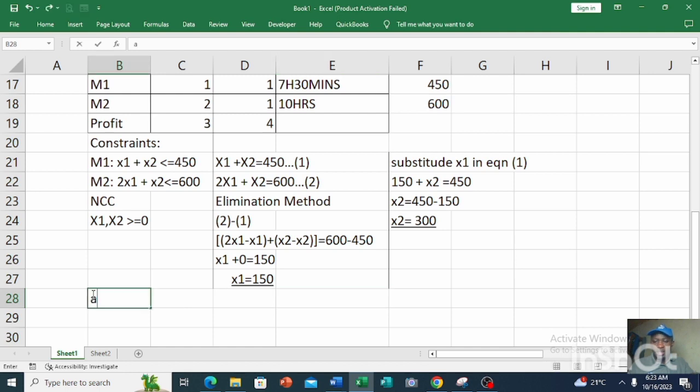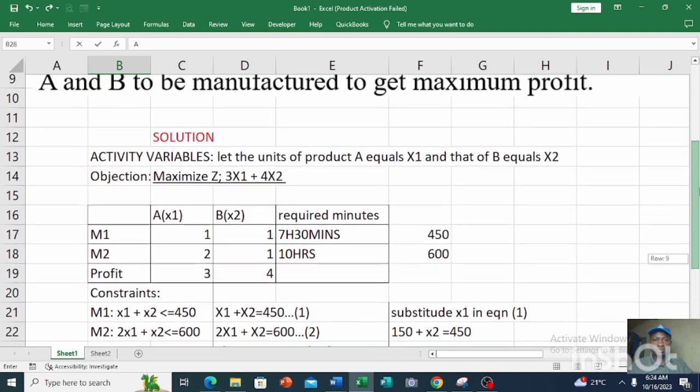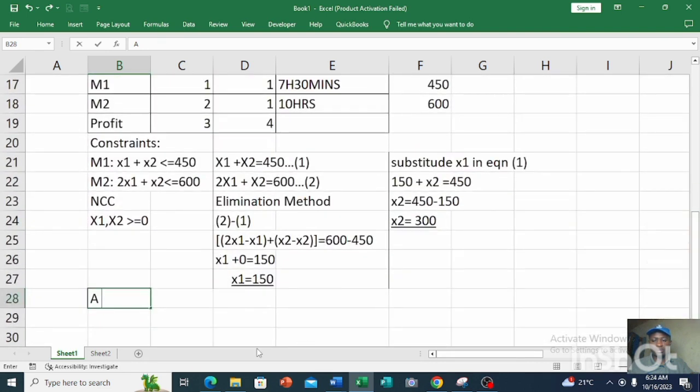So with product A, we have to manufacture 150 units and B 300 units.